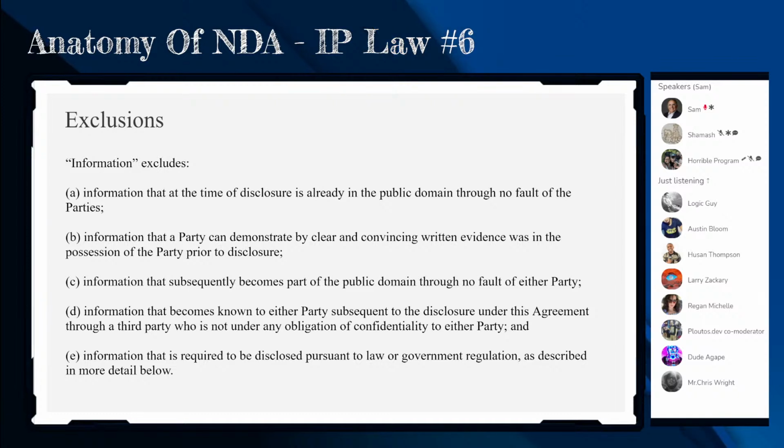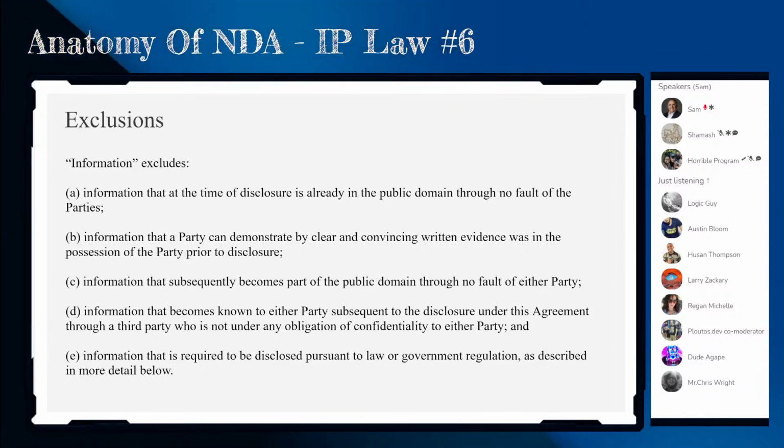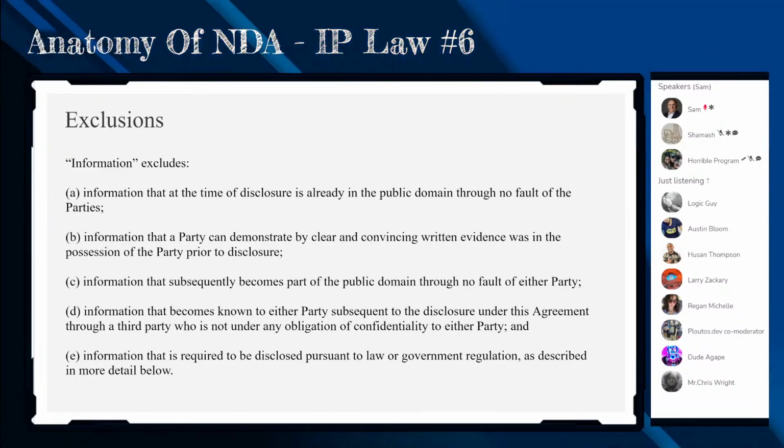So we always put exclusions into contracts, things that on first brush you would think would be covered by the contract, but then you go ahead and you exclude them and you say, no, these are not covered by the contract, in order to protect its validity later on.